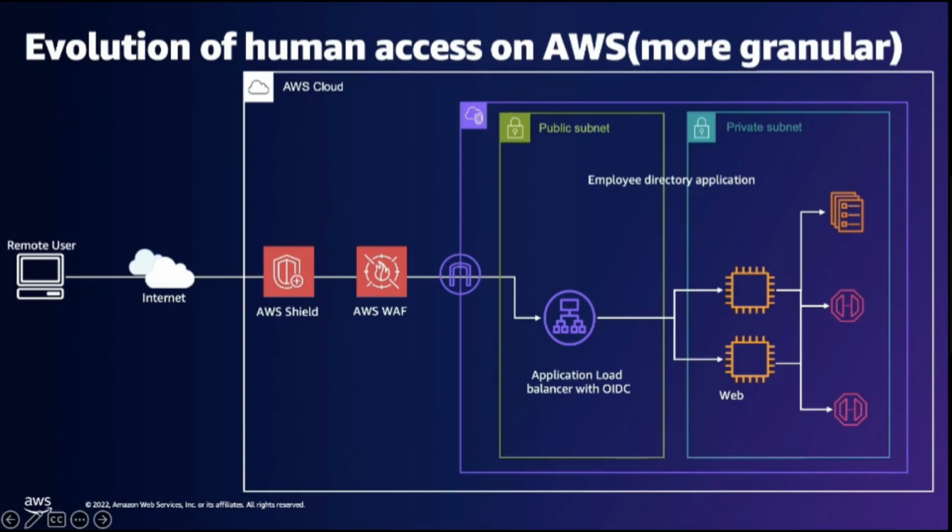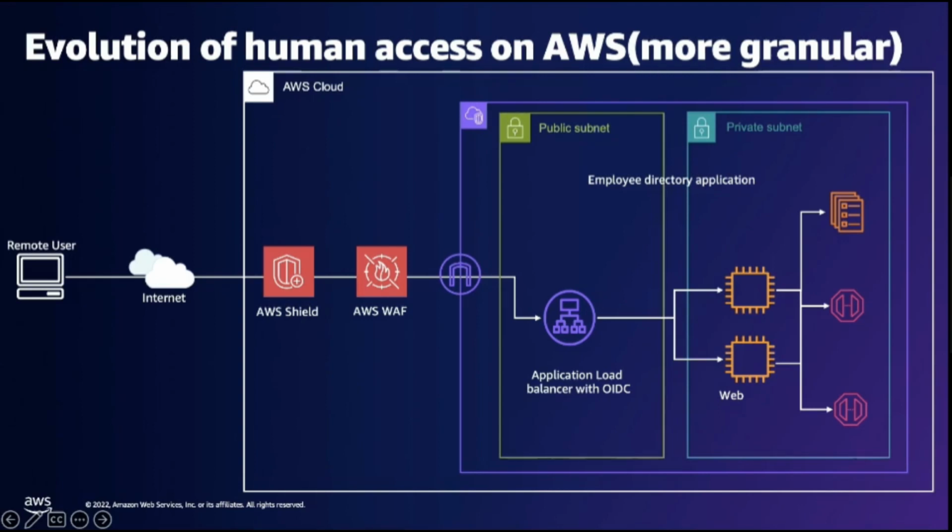And another service that can be used at the perimeter of your network, again, is AWS Shield. AWS Shield is a service that can be used for things like detection and handling of DDoS attacks. That is something that you would implement specifically for that.